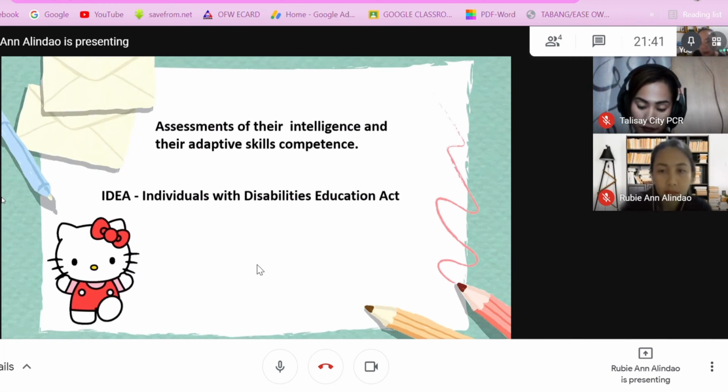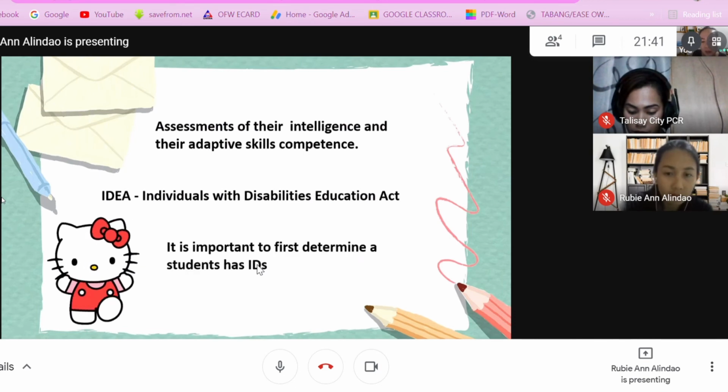IDEA, or the Individuals with Disabilities Education Act, requires that educational performance can be adversely affected. Academic ability is also evaluated. And last, it is important to determine the support a student might require to address his or her needs, as well as to assess the impact of those supports once provided.